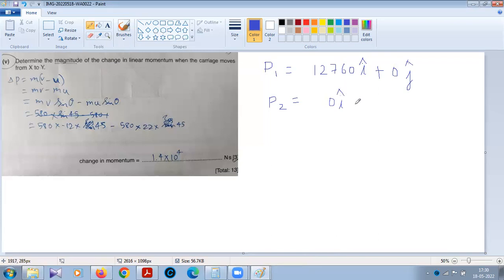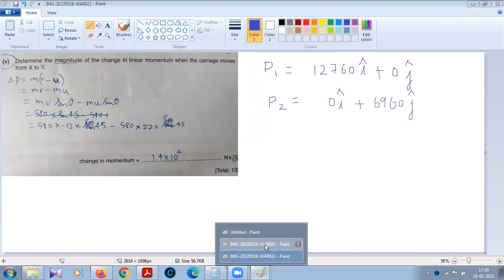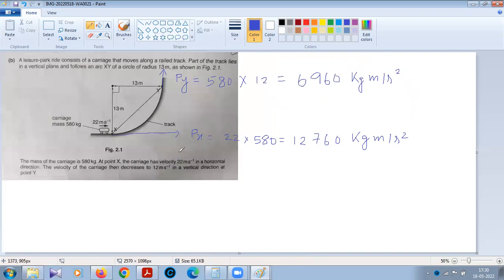6960. So along the x it is 0, but along the y it is 6960 j cap. This is a little bit about vectors, which you read in your mathematics. Initially the momentum is along the x, and along the y there is no component, so I write it in vectors like this.